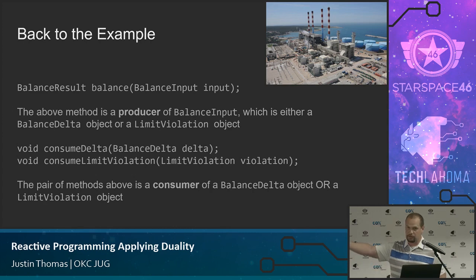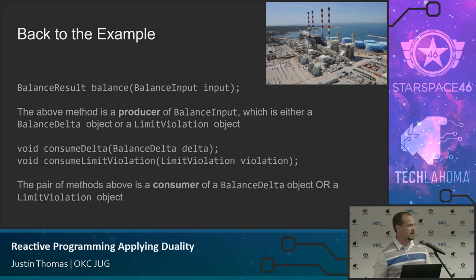I have balance input, which is my transmission and generation, and I have a balance result, and I haven't said anything about what balance result is. So I'm looking at a producer. Now I'm going to tell you the balance result: there's two types of results. I could have a balance delta or a limit violation. In the business context here, I could say, I need to move the transmission and the generation by all these deltas, and that's how I balance.